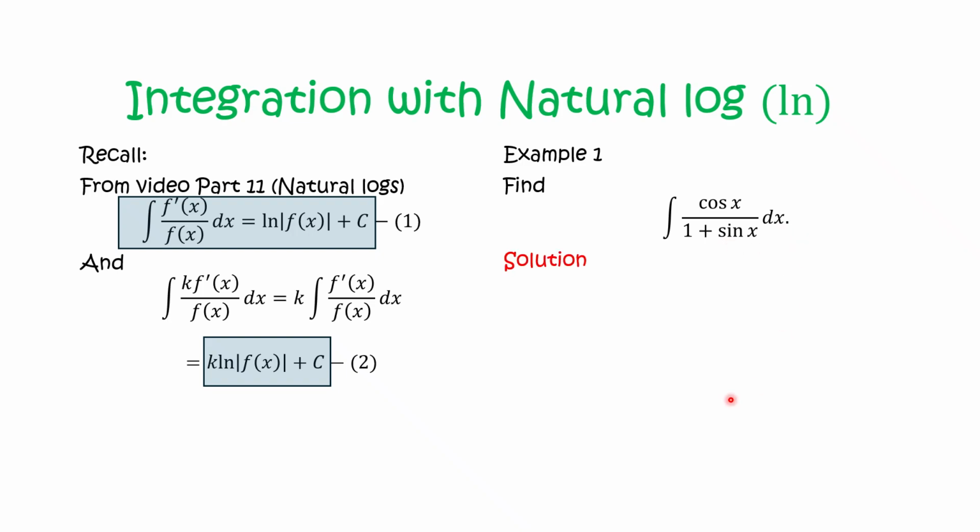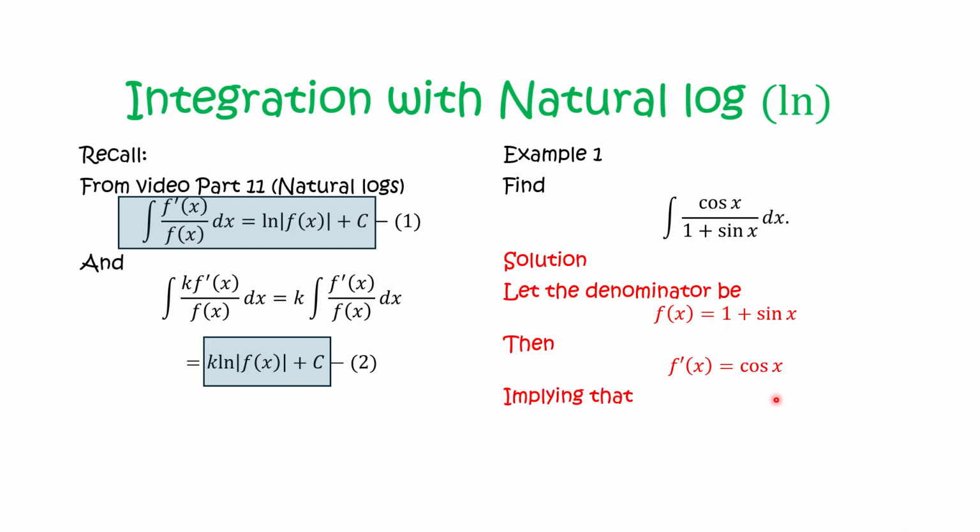And the solution. Let the denominator be equal to f of x, and we are saying that f of x is equal to 1 plus sine of x. Then f prime of x would be cosine of x from differentiation of sine. We know that when we differentiate 1, that goes to 0, and the derivative of sine x is equal to cosine of x.